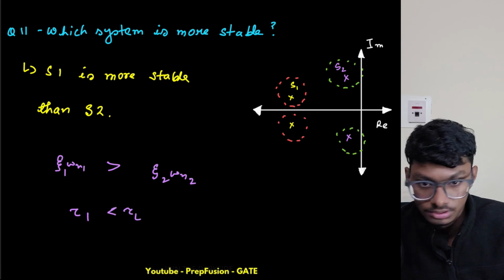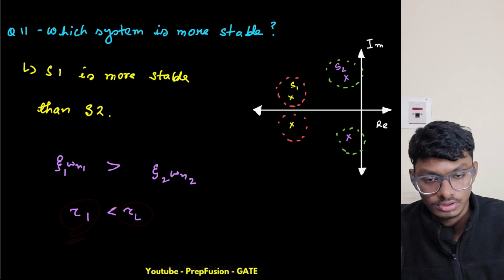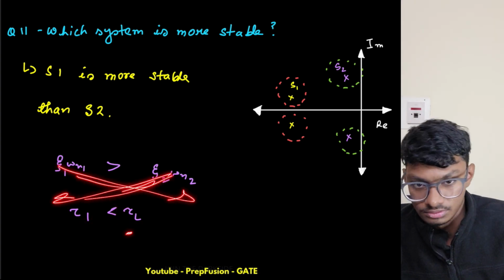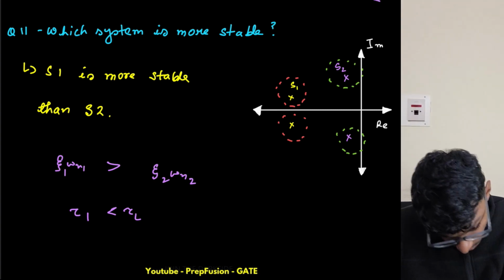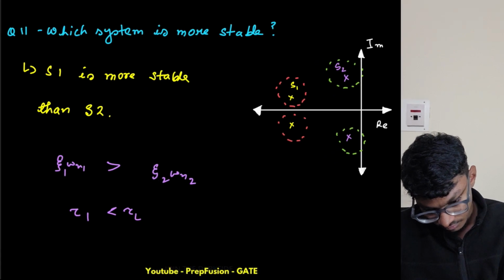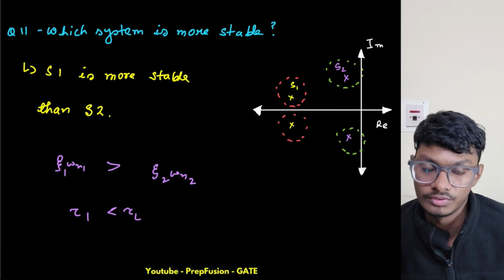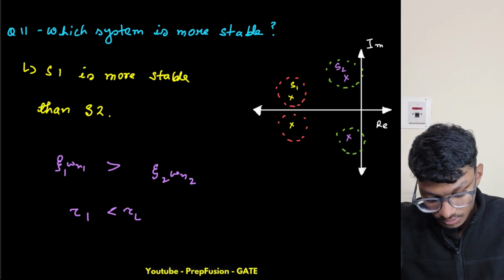That is for sure, because I'm just taking the inverse, swapping the two. So now what should I do? What is my settling time?